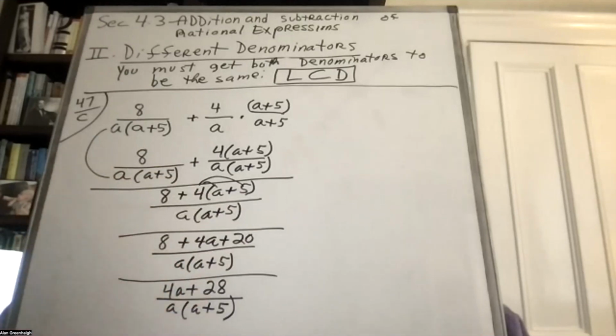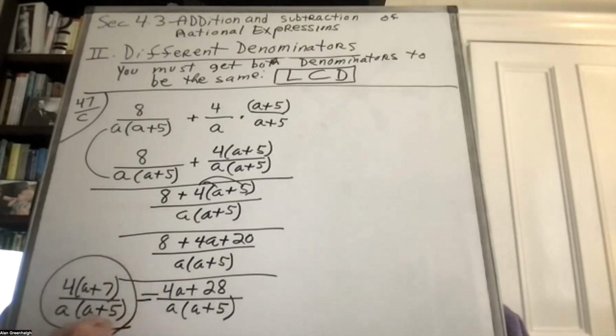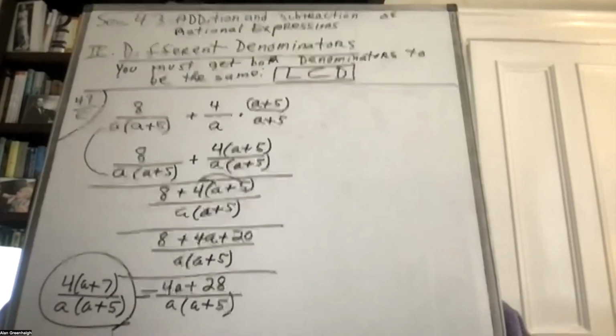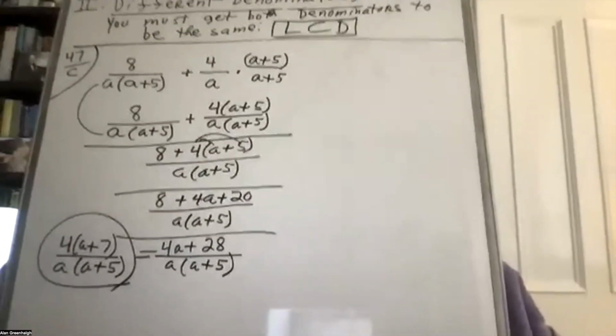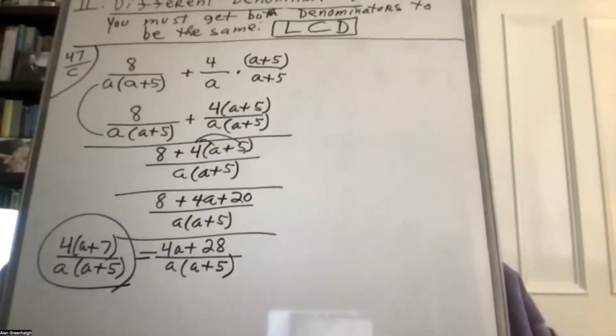I don't think you could do anything here either. I mean, obviously you could factor this, right? So you could factor this into 4 times A plus 7 over A times A plus 5, which is good. It's good to factor everything. But that's it. That's all you could do. This is the answer. When I circle something, that means that's the answer.